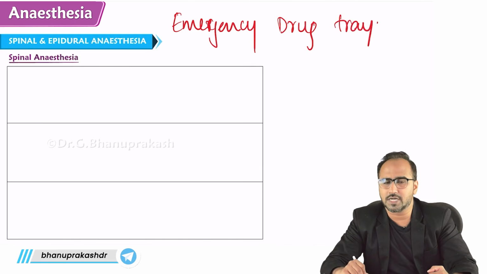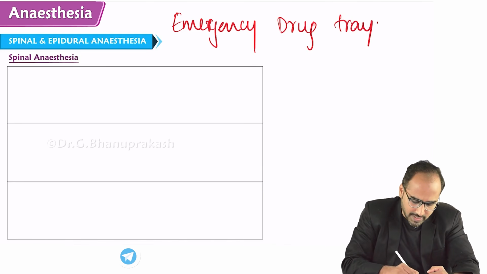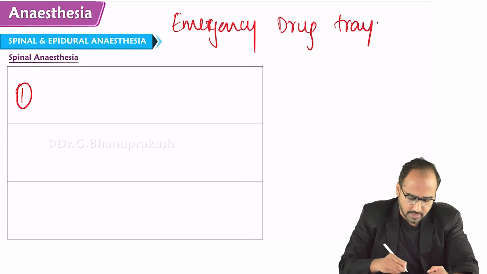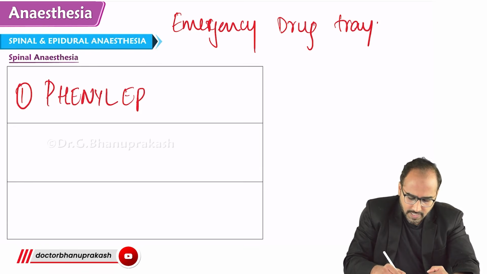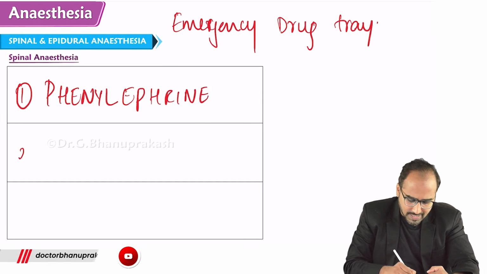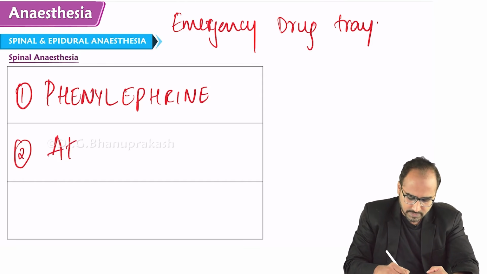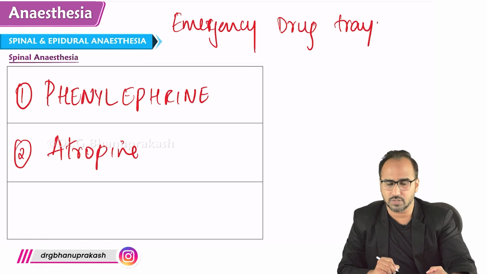In the emergency drug tray, I keep some drugs. The first drug I keep is phenylephrine. The second drug that I keep is atropine.